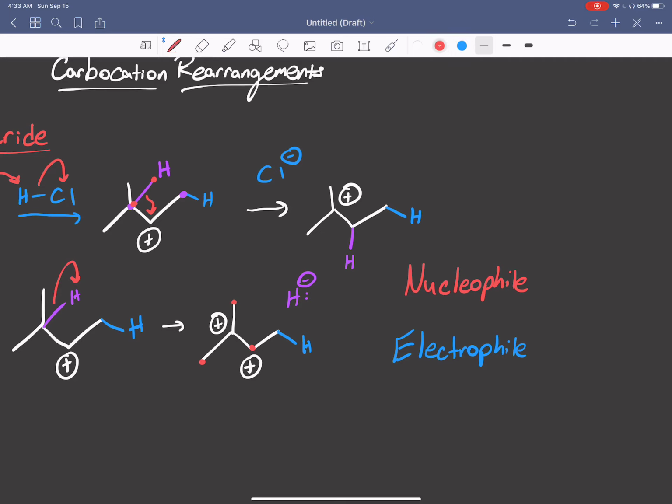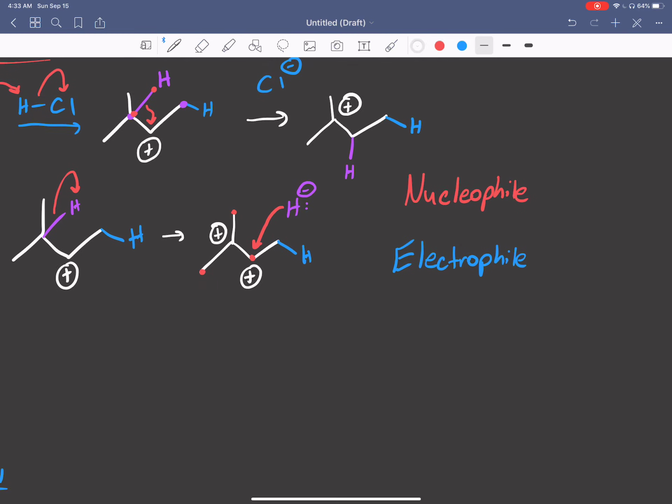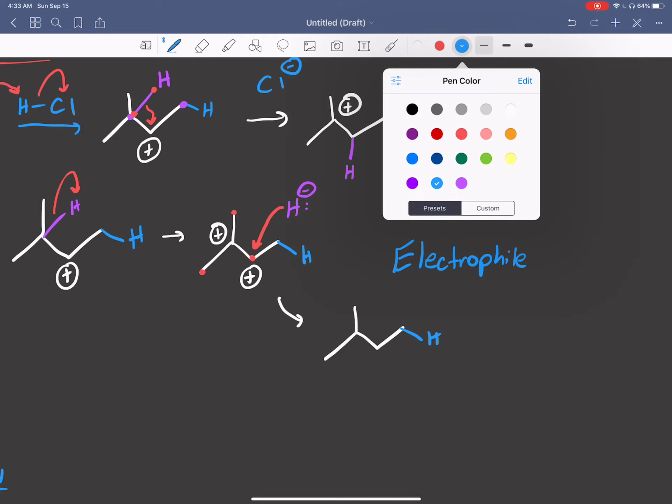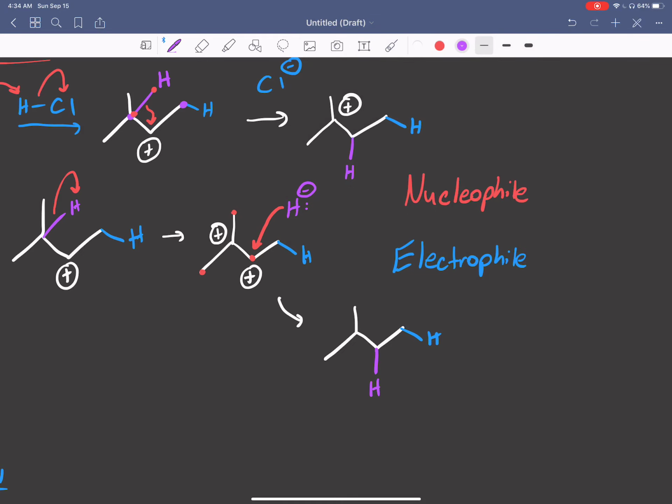And so our hydrogen, our hydride, because it has a negative charge, it's going to come in, it's going to attack that carbocation, and it's going to result in this structure here, the hydrogen that we shifted, and now our carbocation this way. All right, and so that is a hydride shift, and then our chlorine again is just going to come in over here.